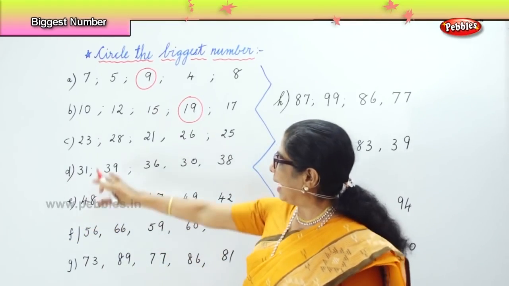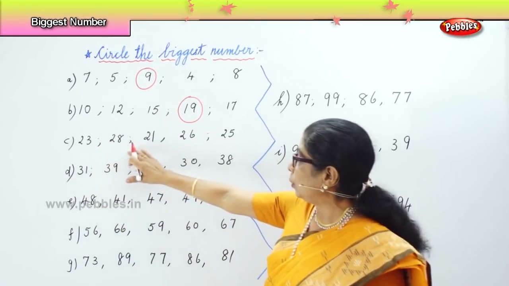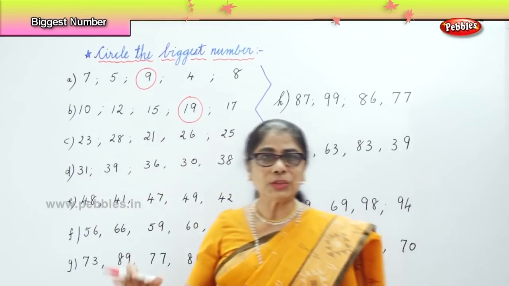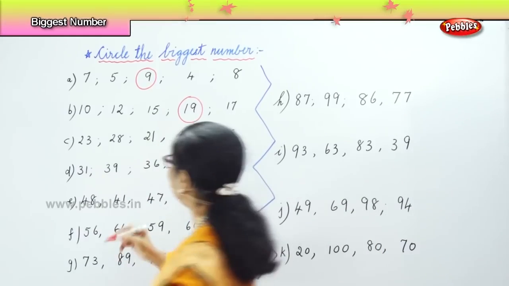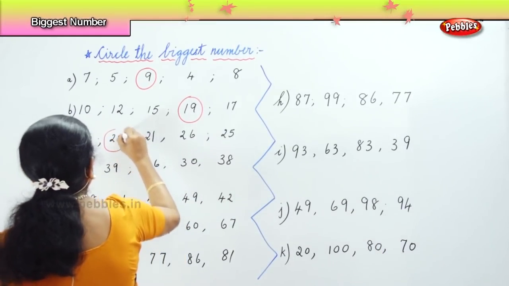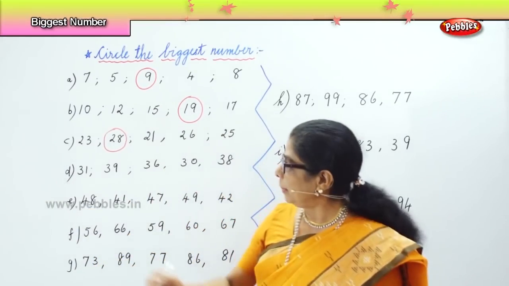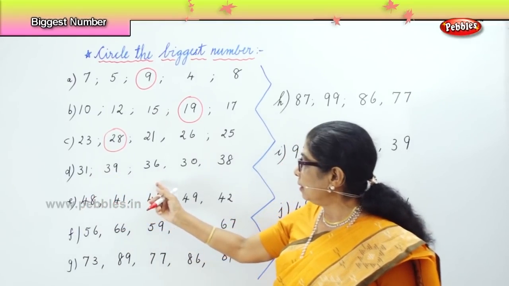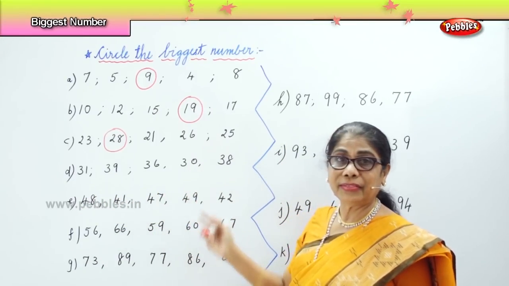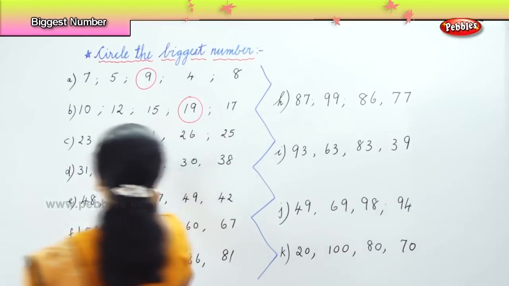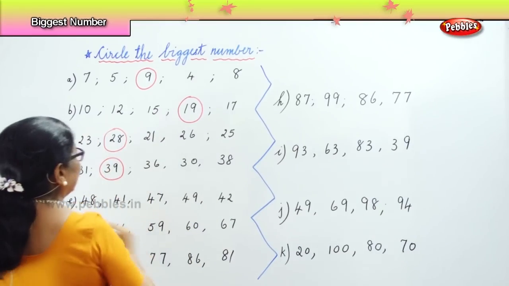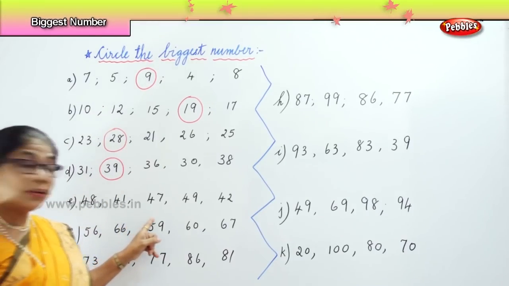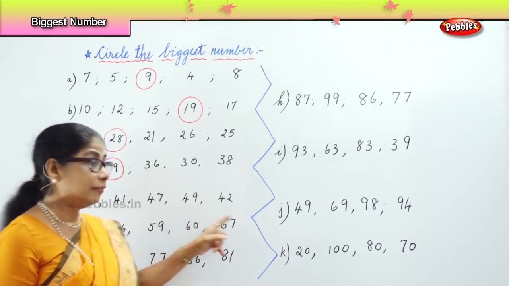In the next row we have 23, 28, 21, 26, 25. Which is the biggest? 28. Very good, so we circle 28. In the next we have 31, 39, 36, 30, 38. Which is the biggest? 39. Next, 47, 49, 42.